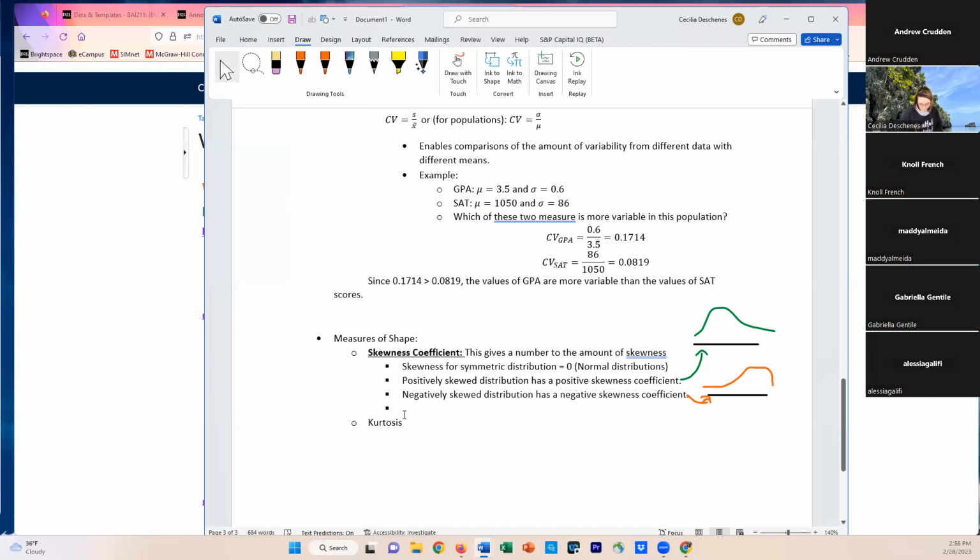In Excel, the way to get the skewness coefficient is using the function SKEW, and then you put in your data range. You do not need to know this, but in case you're curious, I know you're just dying to see this, I'm going to put the formula for what the skewness coefficient looks like.